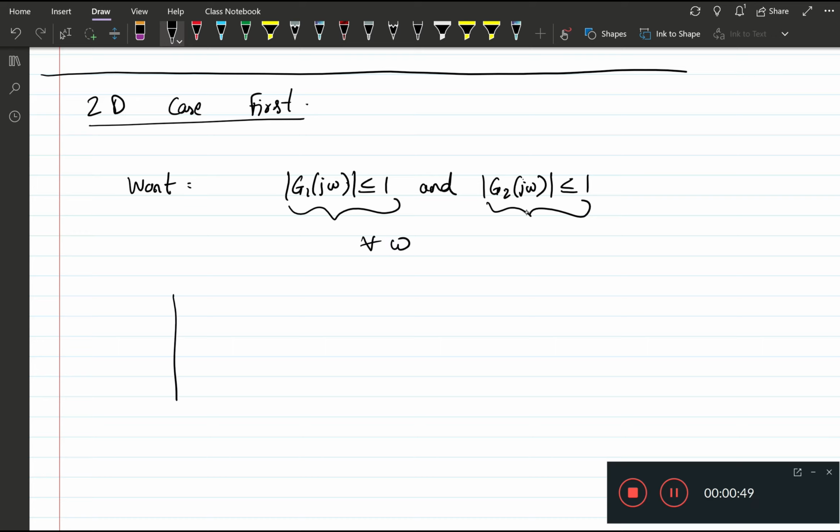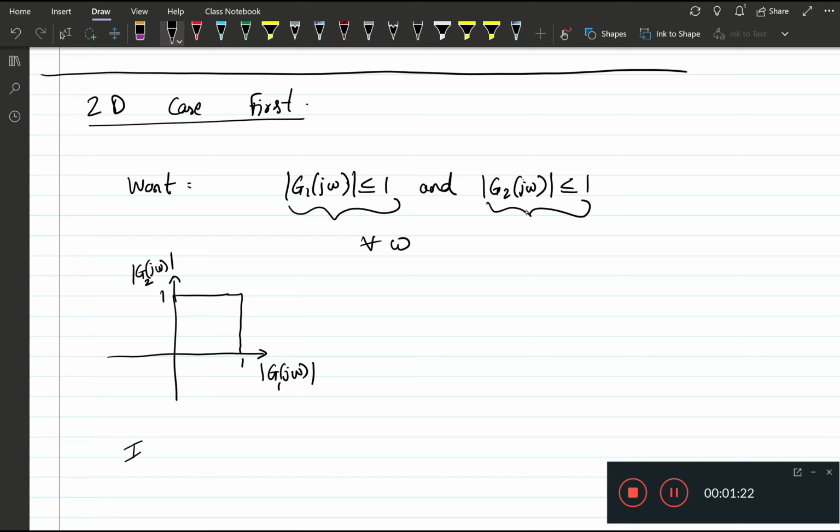Now if we want to show this graphically, if we plot G1 of j omega on the x-axis and G2 of j omega on the y-axis, we want all the points to lie within this box.